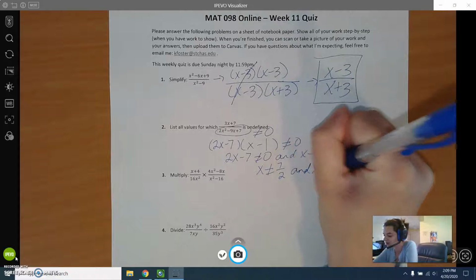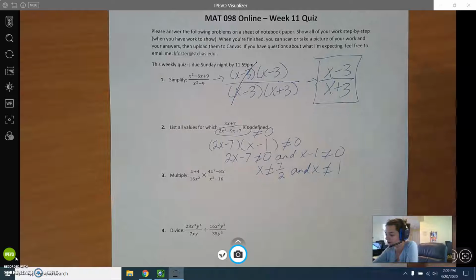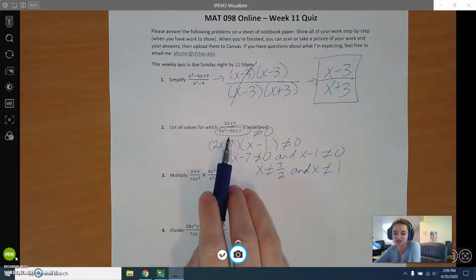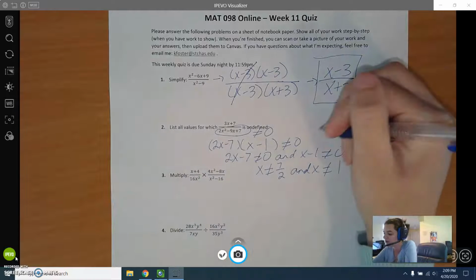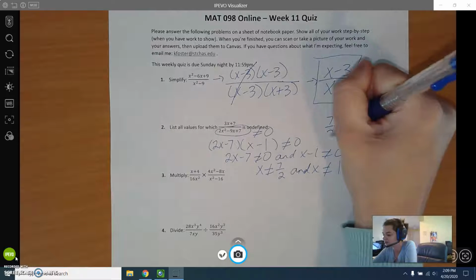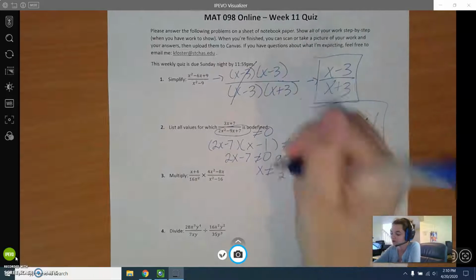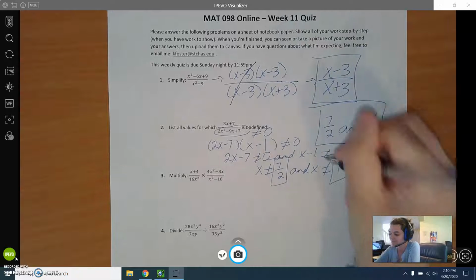And x also cannot equal 1. So my values for which this expression is undefined would be 7 halves and 1. It would be these two values right here.